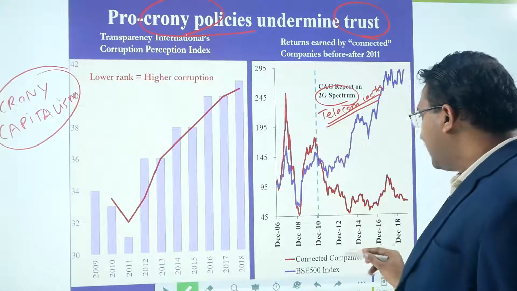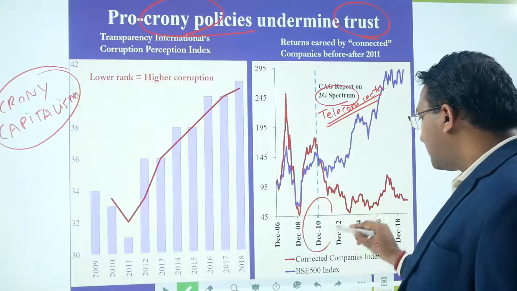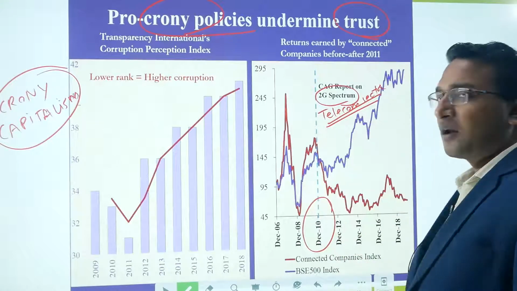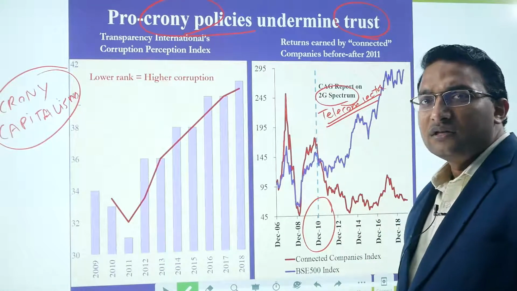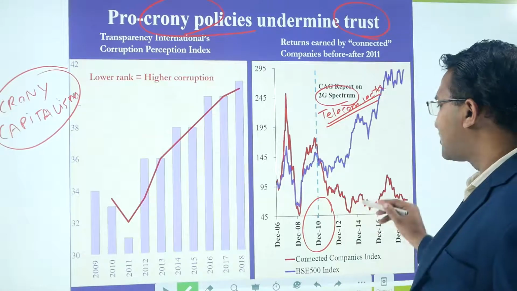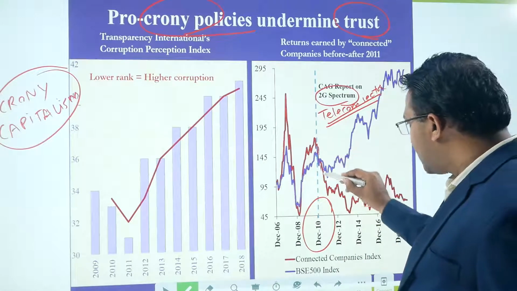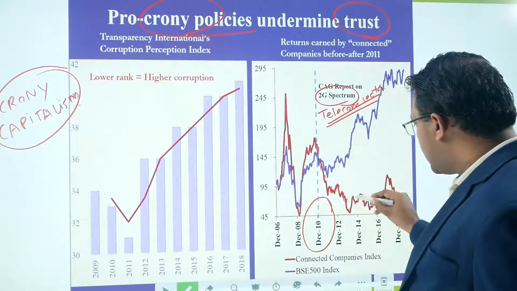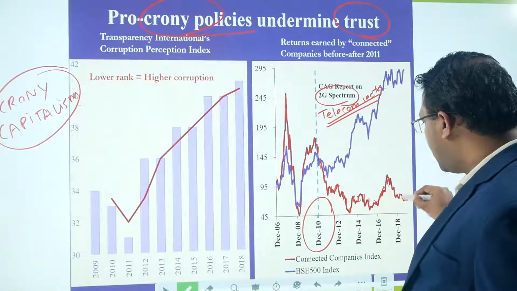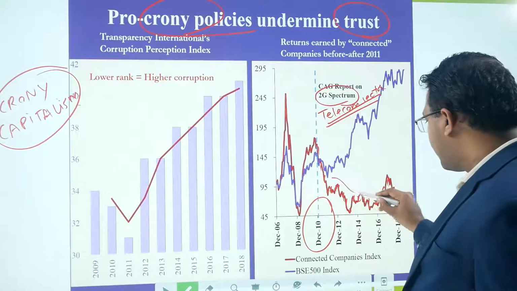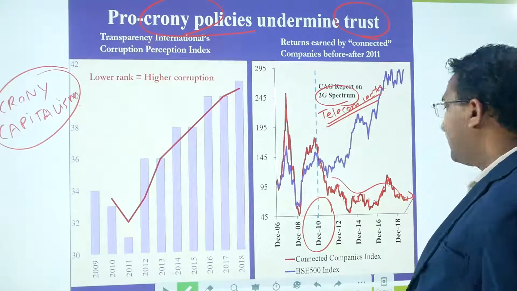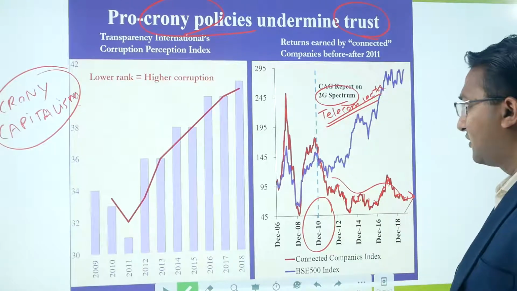You can see after 2010, when this 2G spectrum allocation scam came to the forefront, the shares of these companies have been reducing and reducing. So they have been at a very low rate.